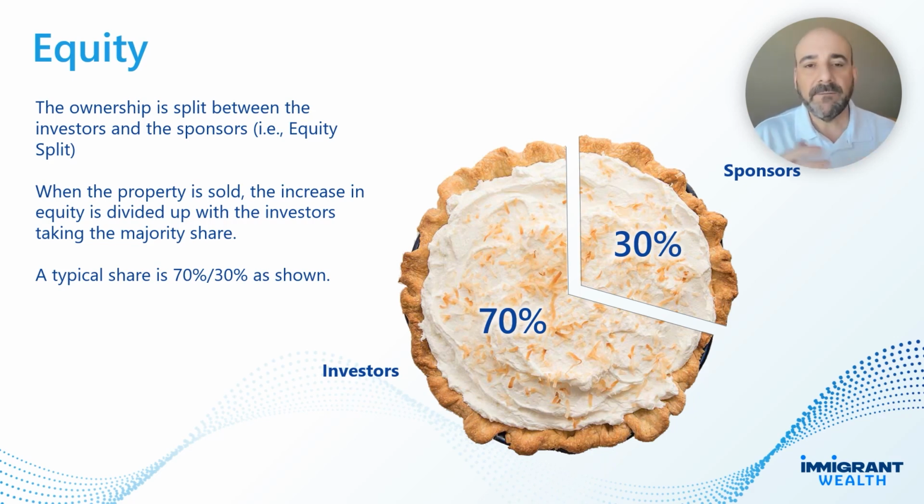Now you'll see 50-50, you'll see 80-20, you'll see a whole bunch of different approaches, but this is the approach that I typically use. And when the property is sold, investors then get a piece of that equity. 70% of it goes to those investors or limited partners, and 30% goes to the sponsors.